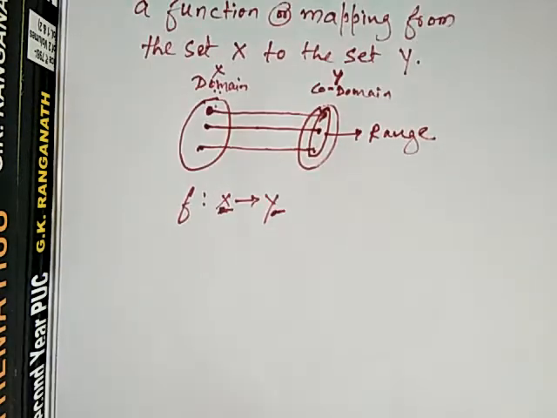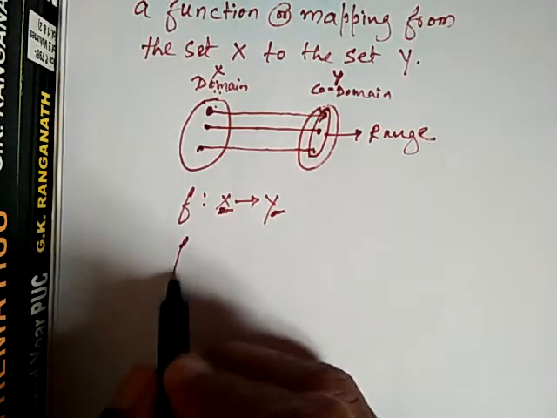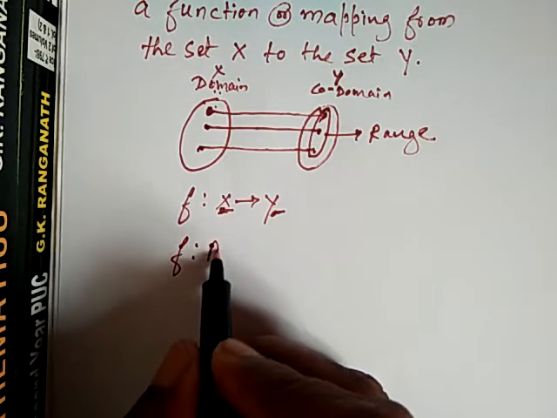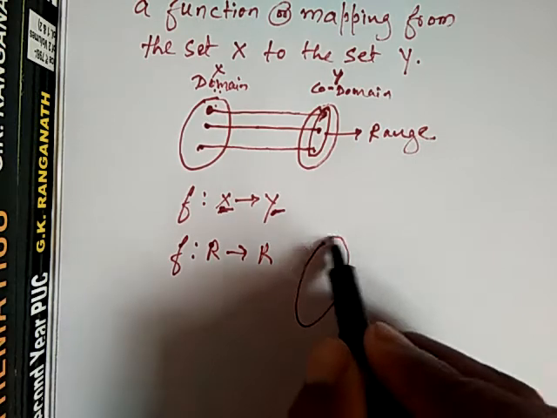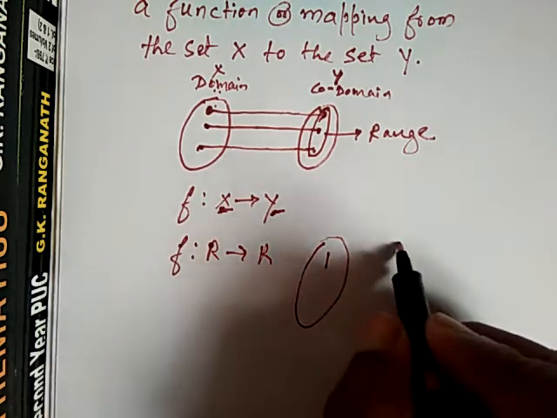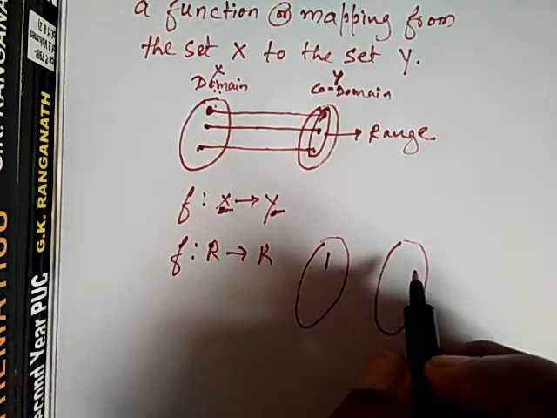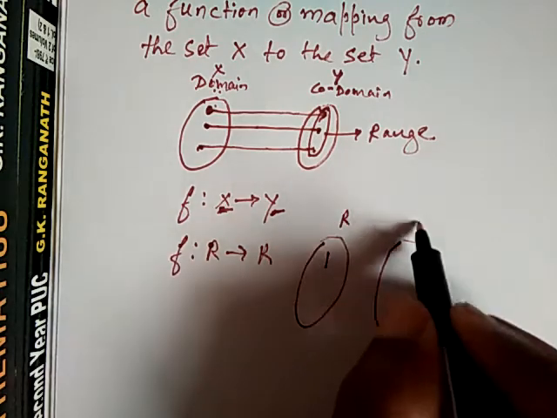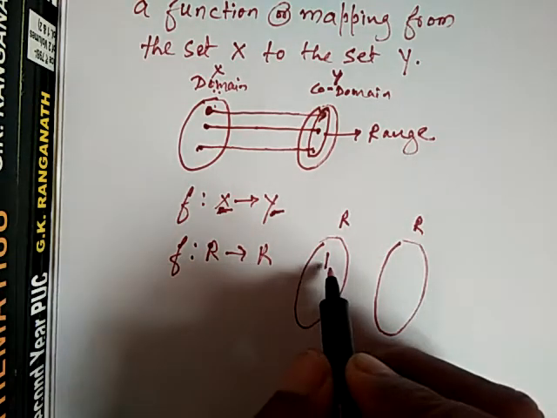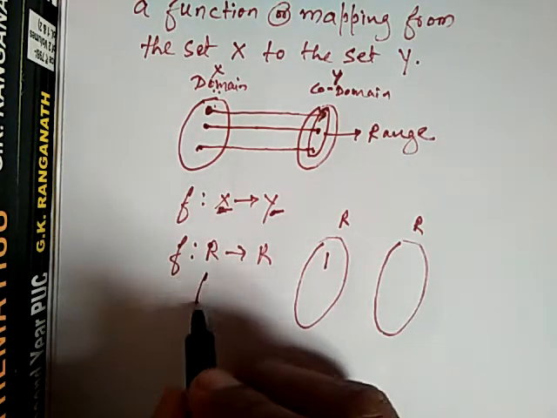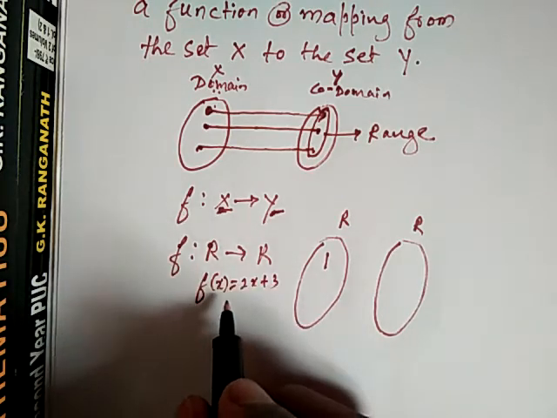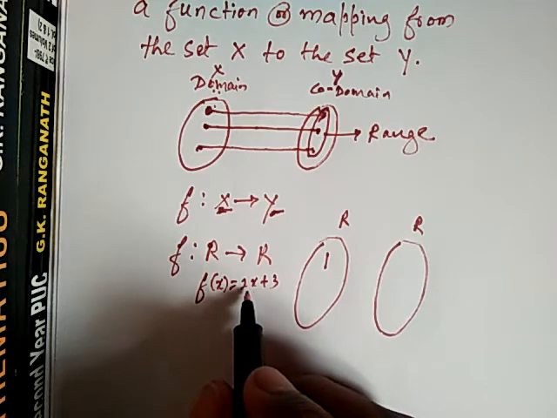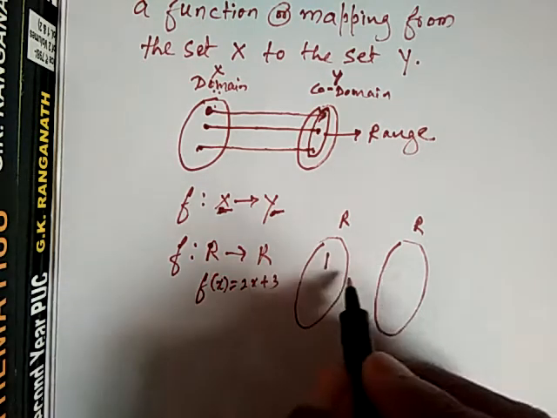For example, if I take a function f from real to real, and I put the real number 1 here, I will consider one example: f of x is equal to 2x plus 3. It is a function. If you put 1, f of 1 is equal to 2 into 1 plus 3, that is 5.